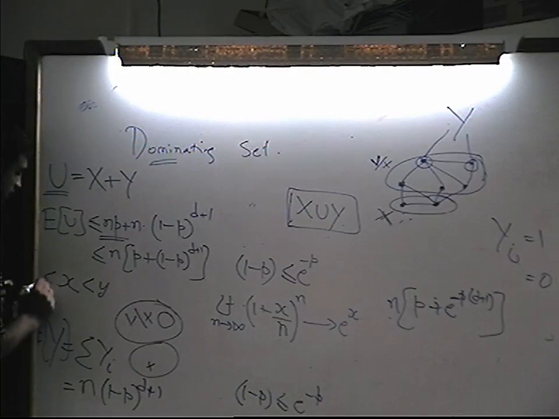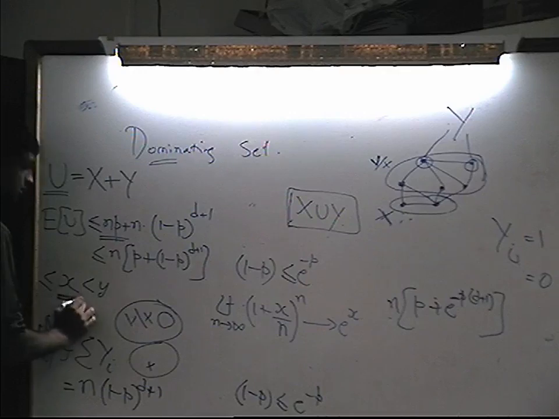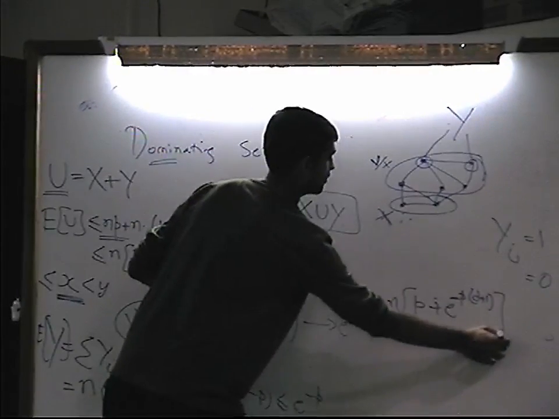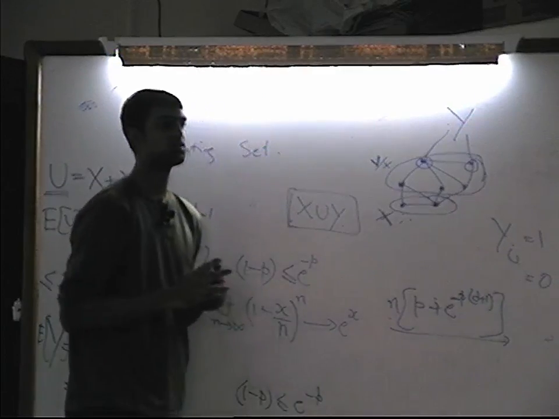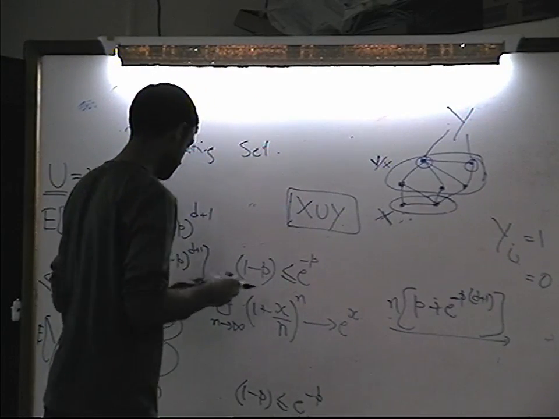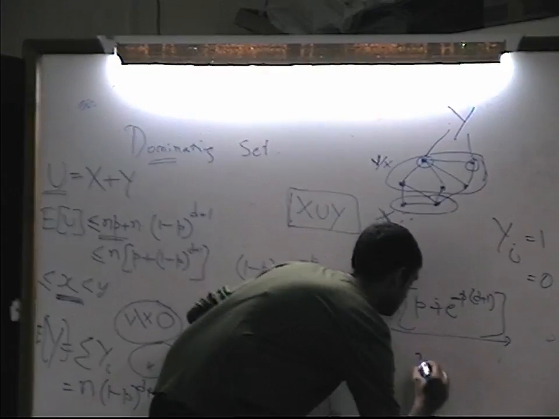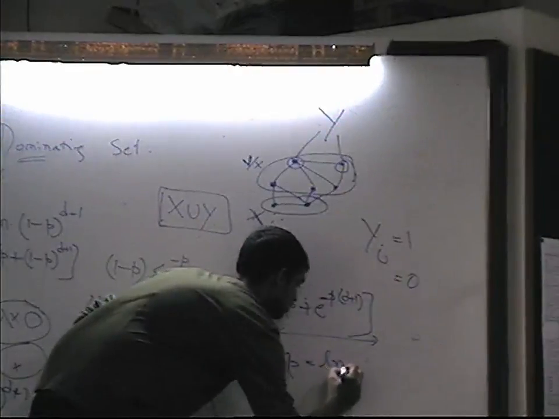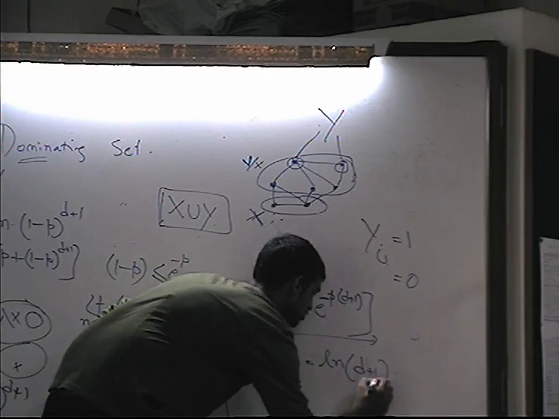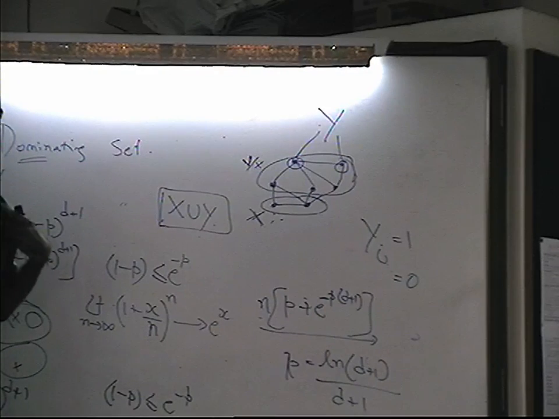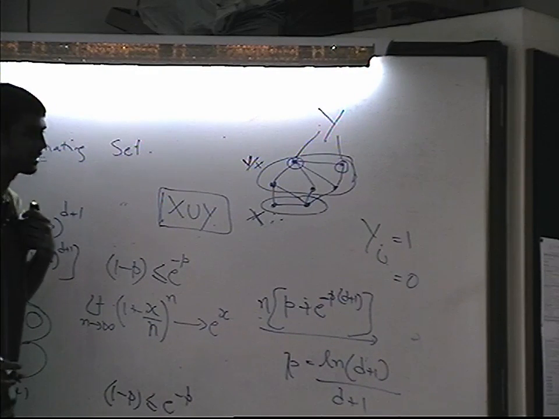So if you are looking at the upper bound, finding the value x is the best we can do. So we minimize this expression for p. This is using the standard differentiation argument, and we see that p is this. I won't go over differentiating this, it's a tedious calculation.